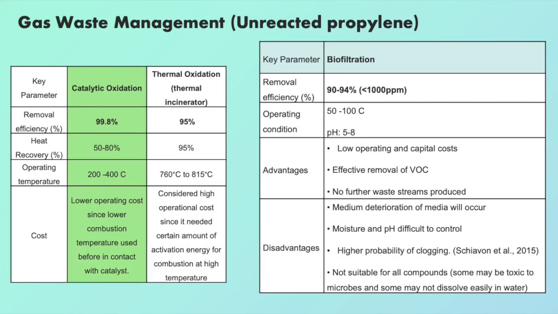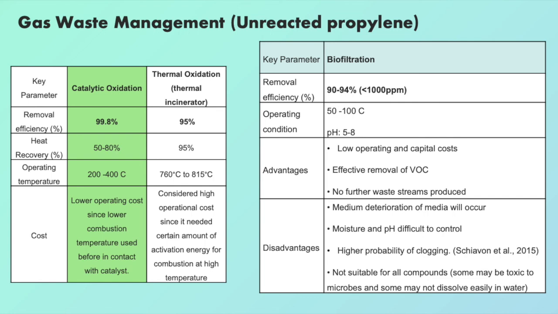For unreacted propylene, basically it is an unsaturated hydrocarbon that may harm the environment by forming ozone in the atmosphere. Therefore, disposal of the chemical to the environment should be considered. There are many treatments that can be used to control hydrocarbon compounds before release. The common ones are thermal degradation, which is a chemical method, and biological methods.